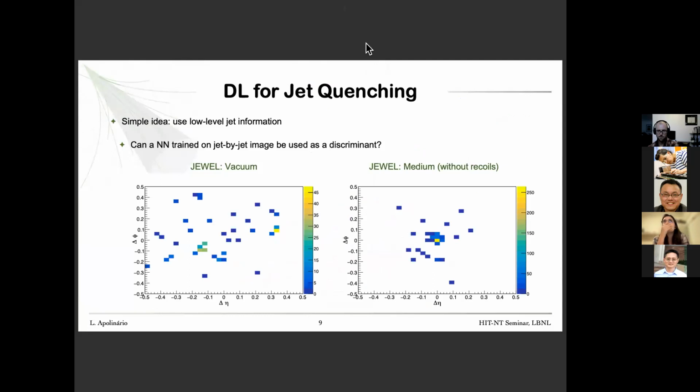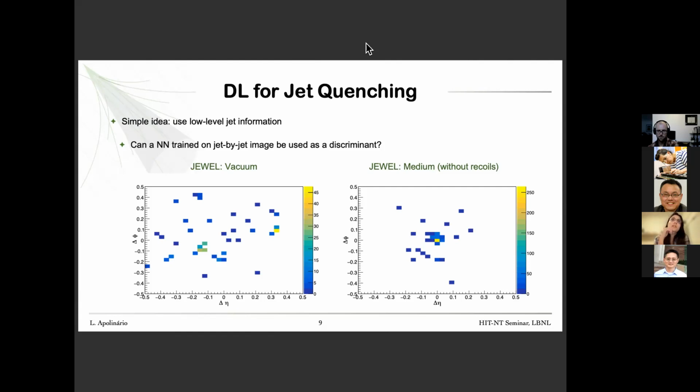So as a first simple idea, let's look at low-level jet information. What I mean by low-level jet information is just the calorimetric image of the jet. And we ask ourselves the simple question: can a neural network in fact be trained on jet-by-jet images and be used as a discriminant? For this, we use JEWEL as our Monte Carlo reference.